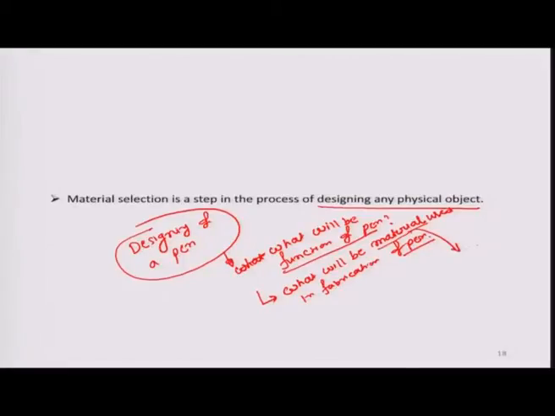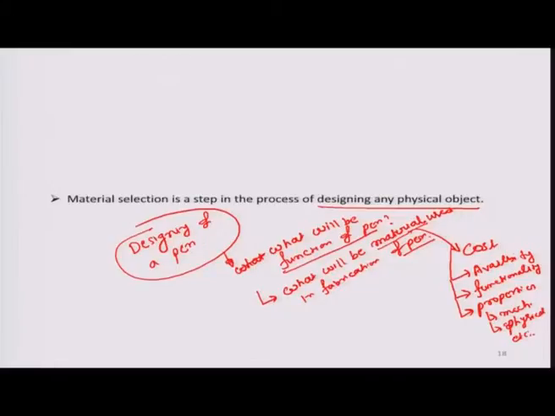You will have to keep in mind cost, availability, functionality, and properties like mechanical, physical, etc. So material selection is a very crucial step in the process of designing any physical object.